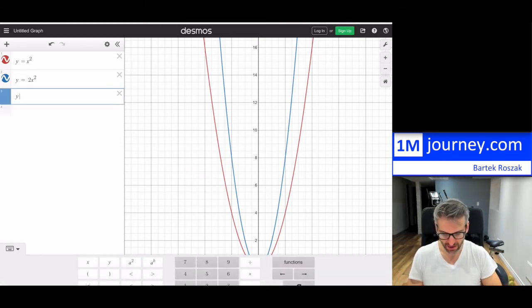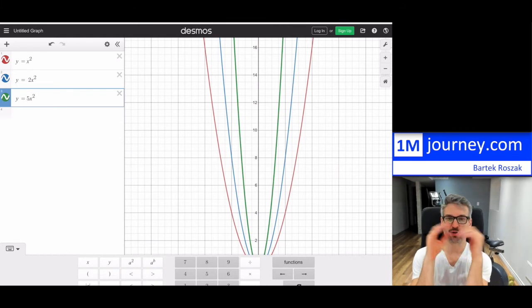And as you make these bigger and bigger, notice that green now really gets compressed in. And that again should make sense to you, because imagine if you had x equal to 1 in the first one, that was just 1 squared, which was 1 for the value of y.